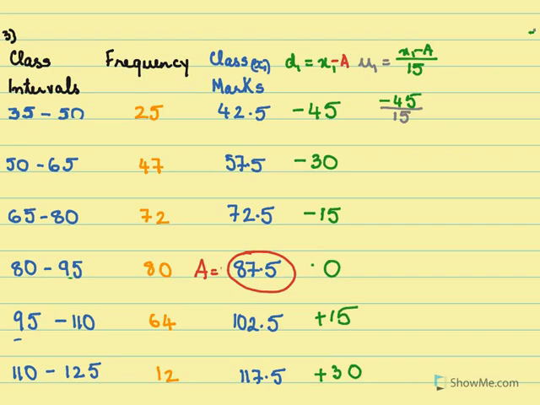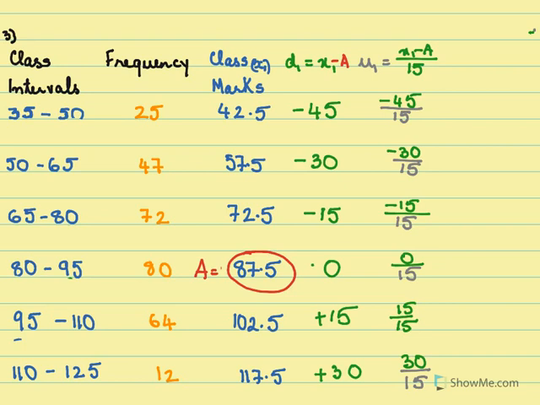Next is minus 30, that's di, divide by 15. Next we have minus 15 divide by 15. Then 0 divide by 15. Next is 15 divide by 15. And 30 divide by 15.